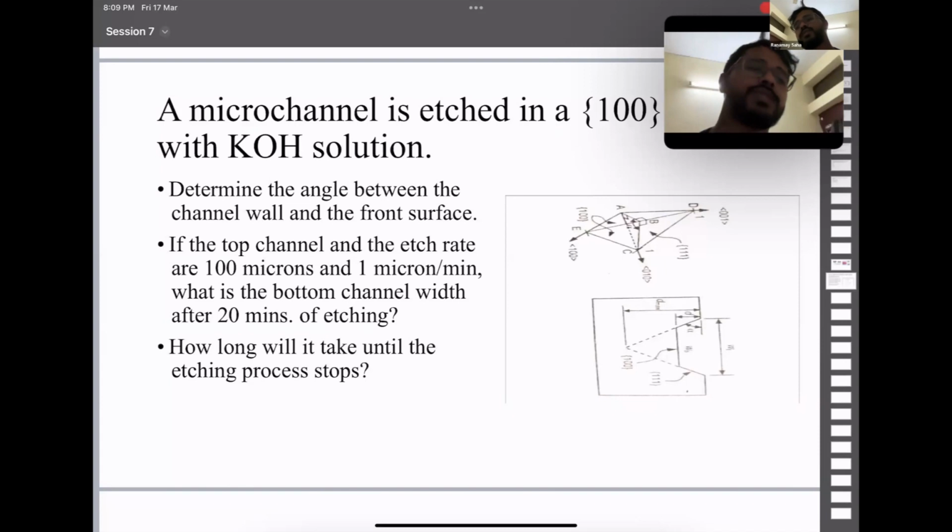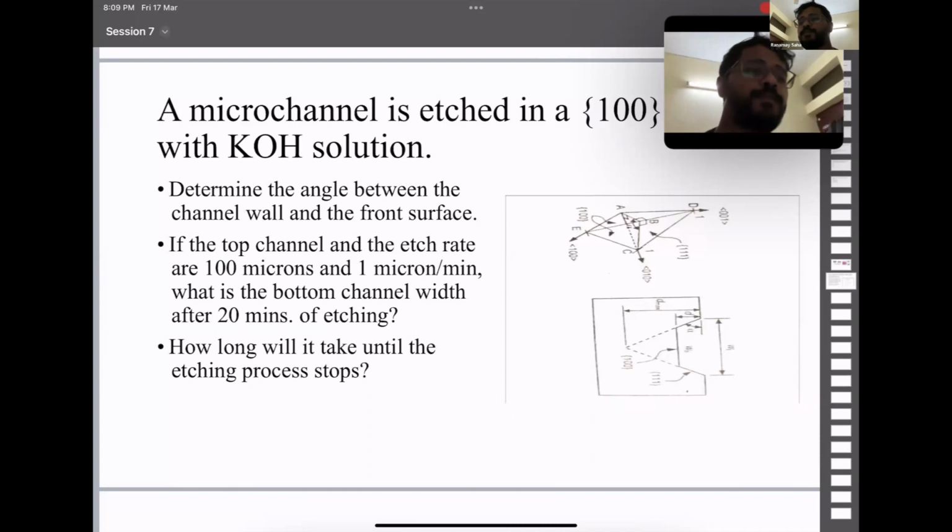So how can you find the angle alpha? If you look at the diagram, you can see that AB is perpendicular to your DE line, and also perpendicular to your AC line.